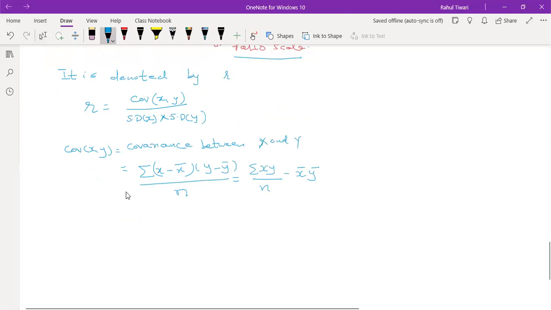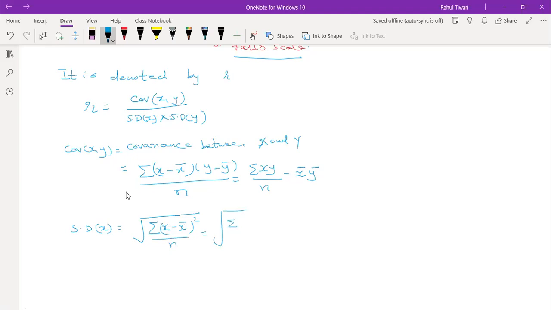Standard deviation of x is the square root of summation (x minus x bar) square upon n, or it can be summation x square upon n minus x bar square. I think I have already explained how you can get one from the other. Similarly, one can define the standard deviation of y.